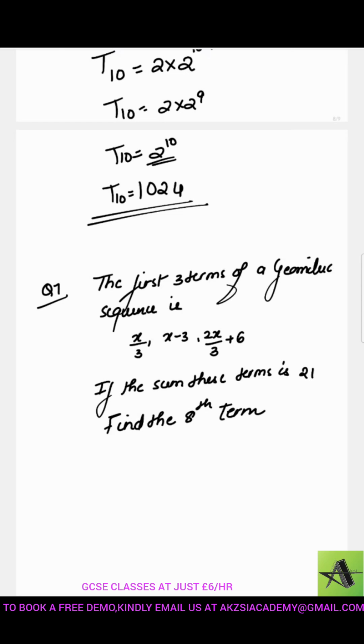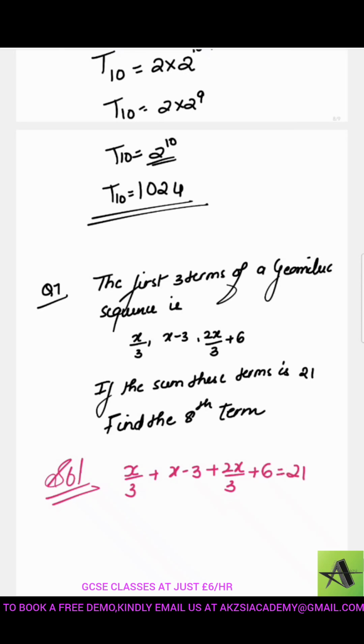This is given so that we will have the exact terms, because these terms are in terms of x only. So the sum is given so that we can easily calculate the value of x, and then we can have our sequence. So the sum is x over 3 plus x minus 3 plus 2x over 3 plus 6 equals 21.